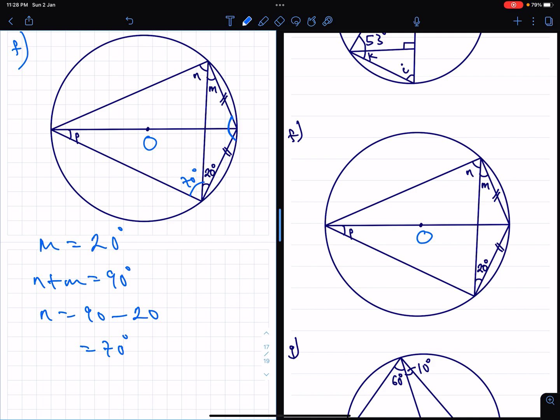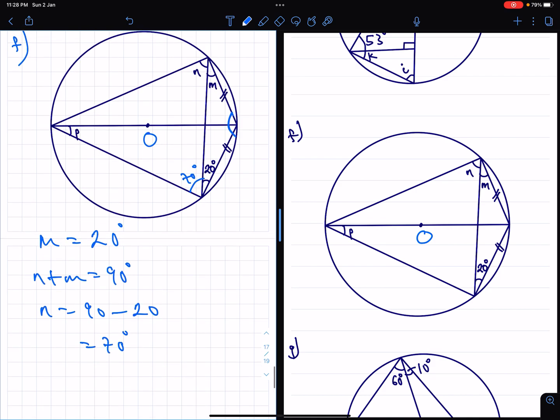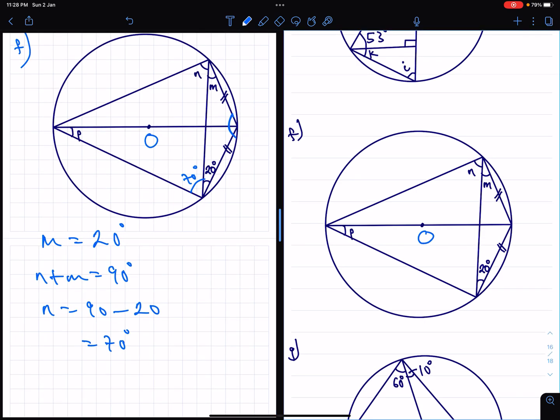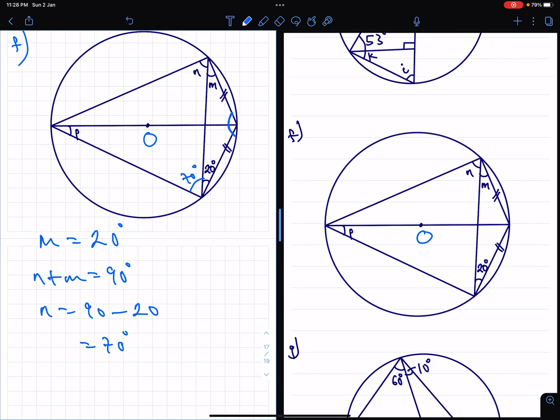Now with 70 degrees too, how do we now find P? I already know 20. How do I now find P?